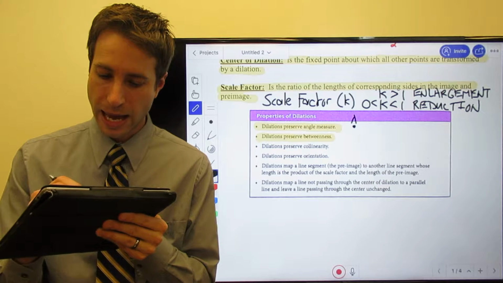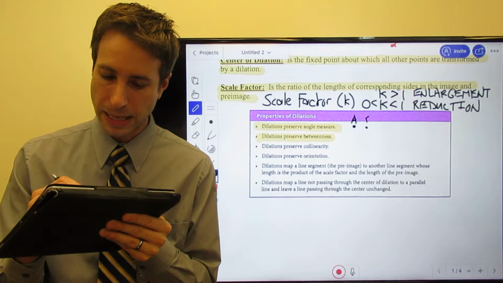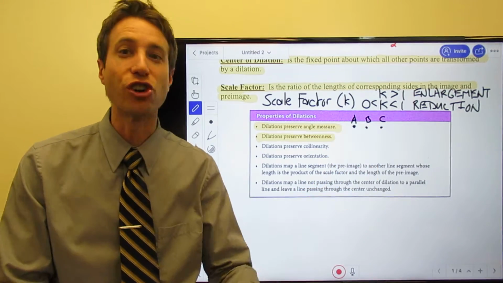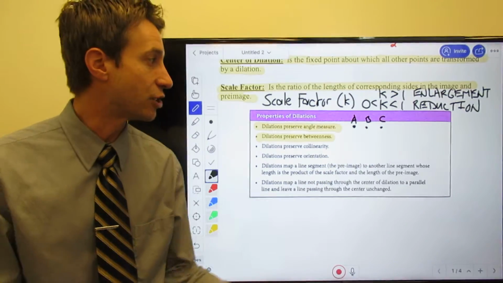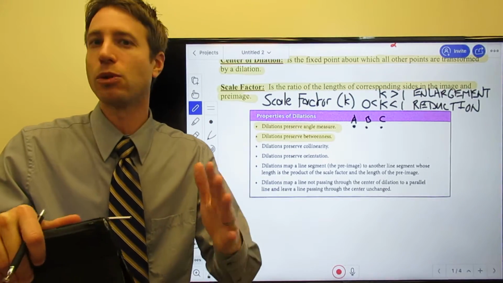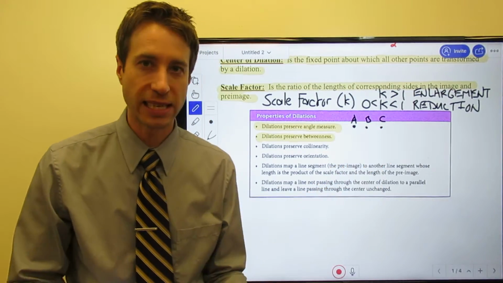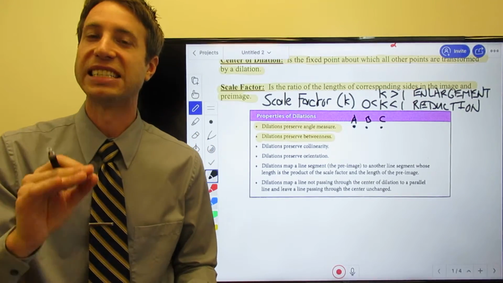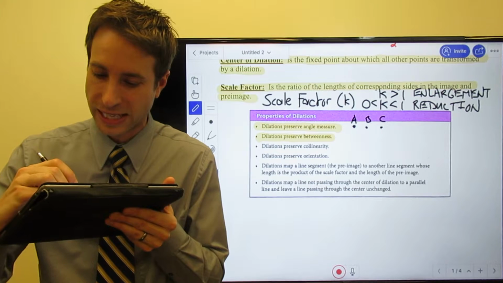Betweenness is simply this. If I have point A, point B, and point C, each of those points is a certain distance from each other. B is, I don't know, maybe right in the middle of A and C, whatever, it doesn't matter. B is a certain distance from point A and a certain distance from point C. A dilation cannot change those distances.